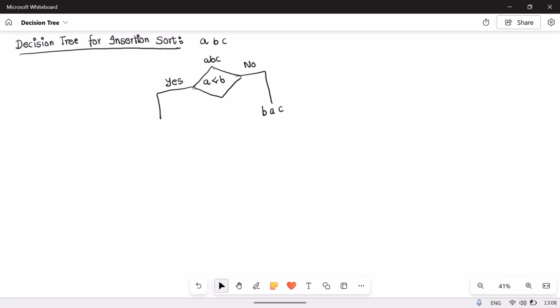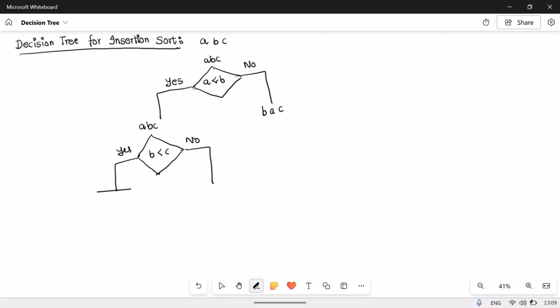If it is yes, the order remains the same, A, B, and C. Next, let us compare the next two elements, B and C. If it is yes and if it is no.